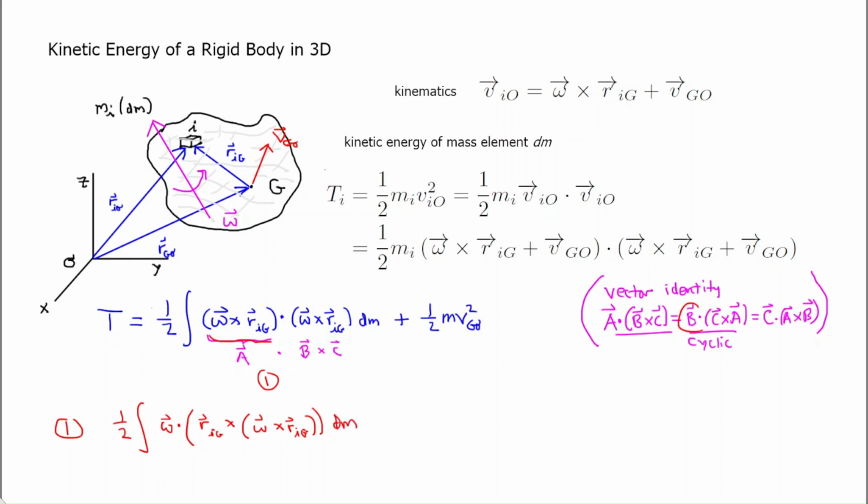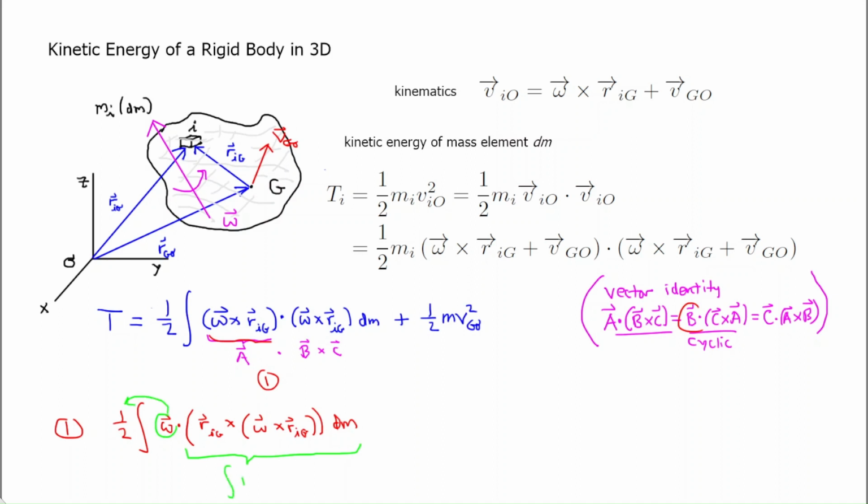Now, you might say, well, gosh, what do we do with this now? Well, the answer is not much, because the omega can be brought outside, being a constant.